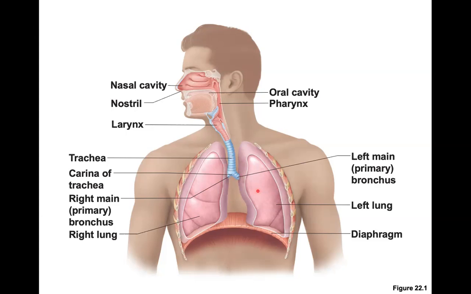And the reason why the left lung is slightly a bit smaller is because if you look right here, we can see that there's actually going to be something else sort of taking up a little bit of space there. And that something else is actually the heart. Okay. Both lungs will actually sit on top of the diaphragm here. Okay. And the base of the lungs will actually rest right there.